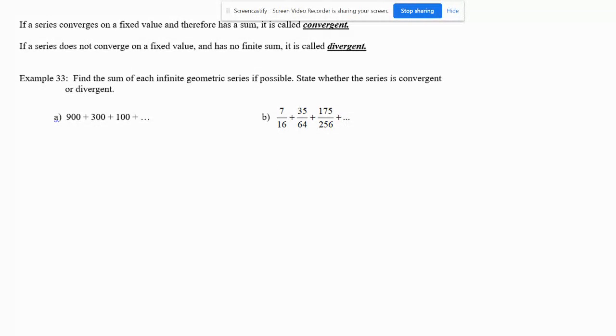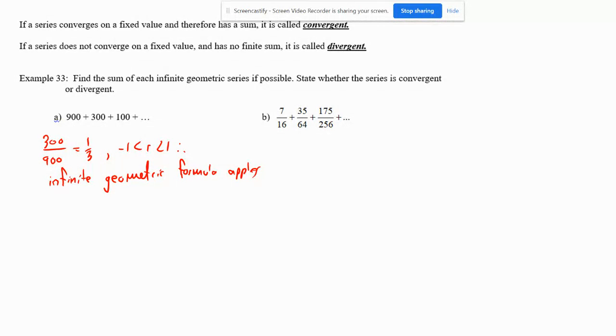So if I look at this guy over here, if I go 300 divided by 900, I get 1/3. So 1/3 is in between -1 and +1, so that means our infinite geometric series formula applies. Guys, we don't need to write this every time. If you look up to the definition over here, guys, if a series converges on a fixed value and therefore has a sum, it is called convergent.